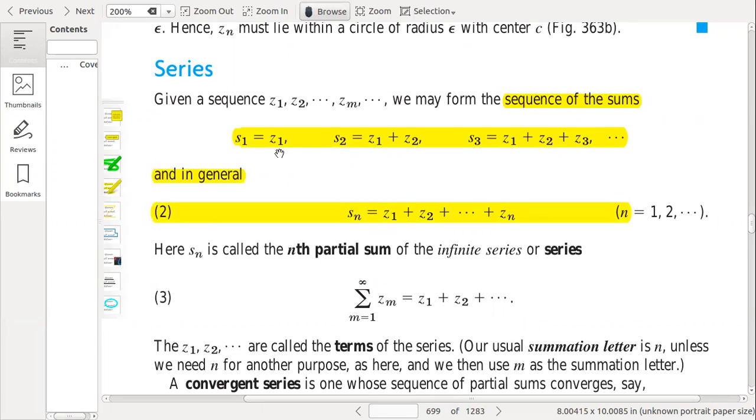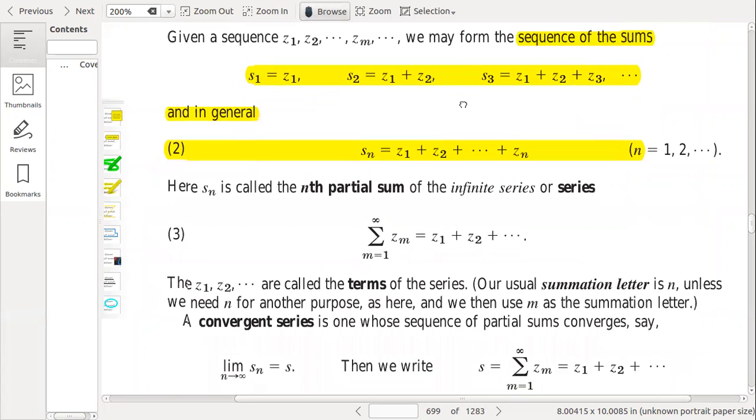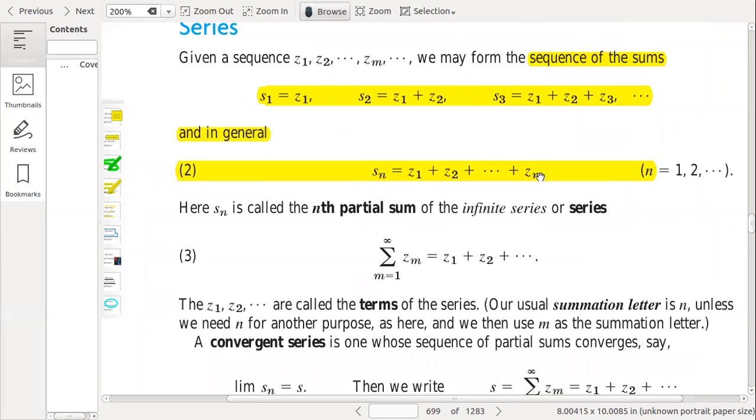S1 is equal to Z1, the sum of the first term. S2 is the sum of the first two terms. S3 is the sum of the first three terms, and so on. Sn is the sum of the first n terms. Here Sn is called the nth partial sum of the infinite series, or series.